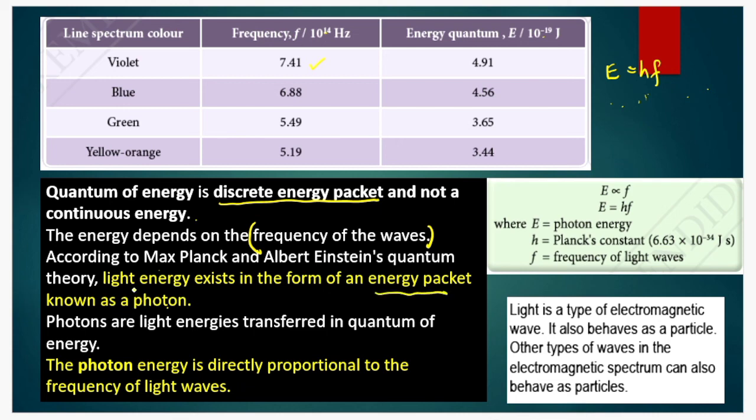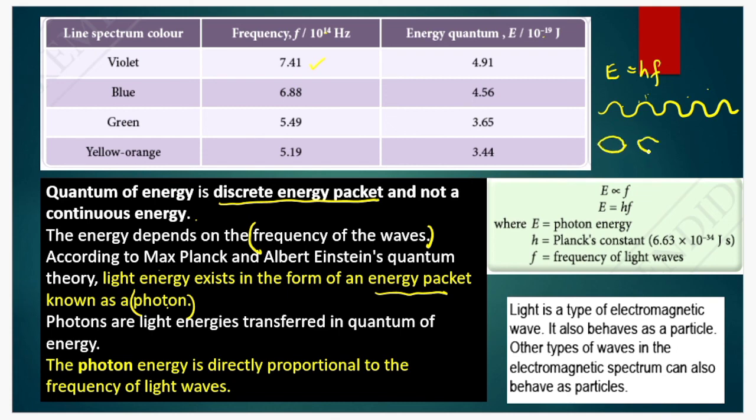According to Max Planck and Albert Einstein's quantum theory, light energy exists in the form of energy packets, known as photons. Photons are light energy transferred in quantum of energy. Energy of a wave is not transferred continuously as discussed in wave theory.